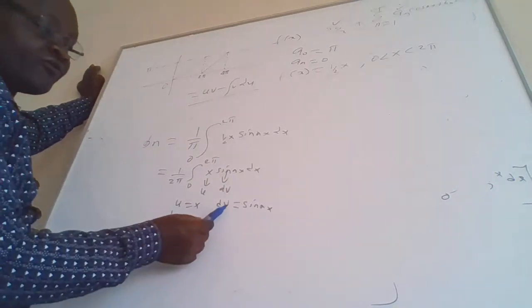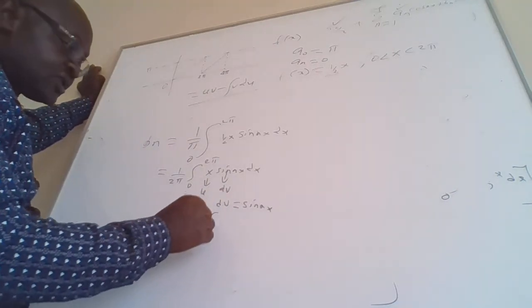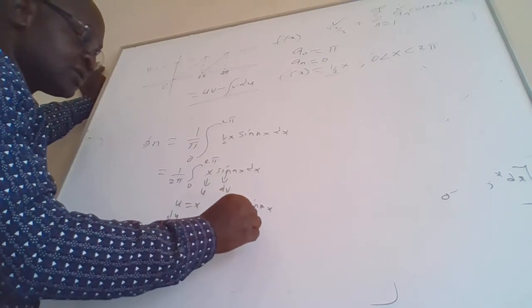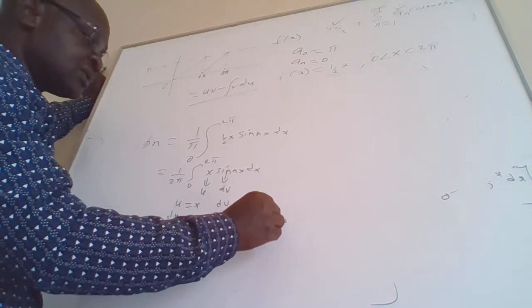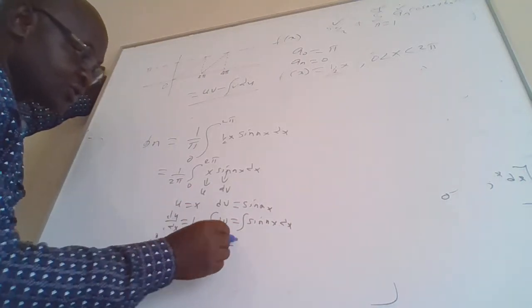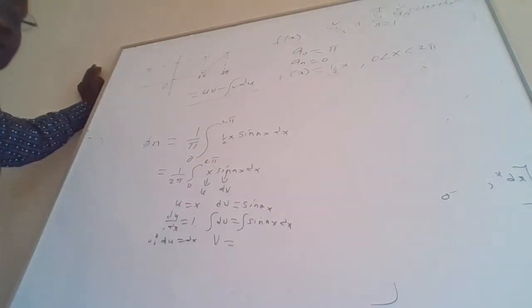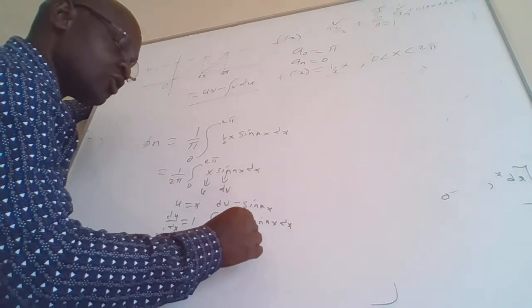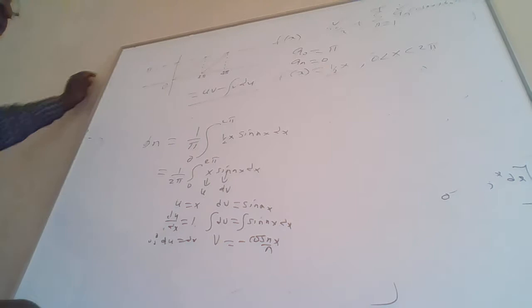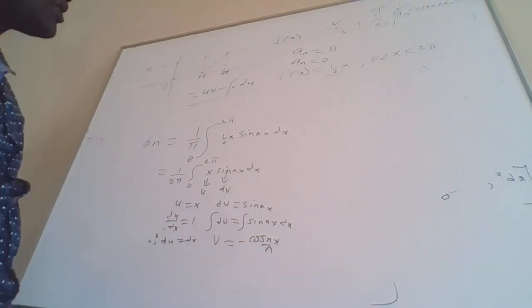To get the value of v, we integrate both sides of this equation: dv, then integral of sine nx dx. So when you integrate dv, you get v equals to, when you integrate sine nx, you get negative cos nx over n.